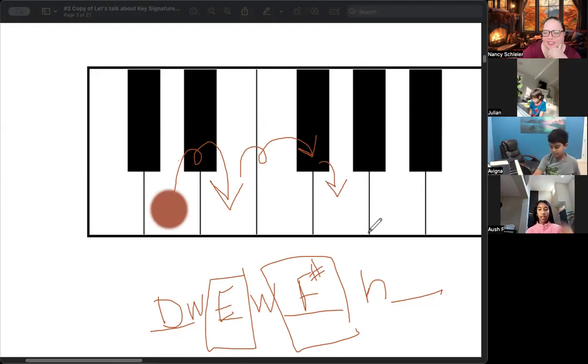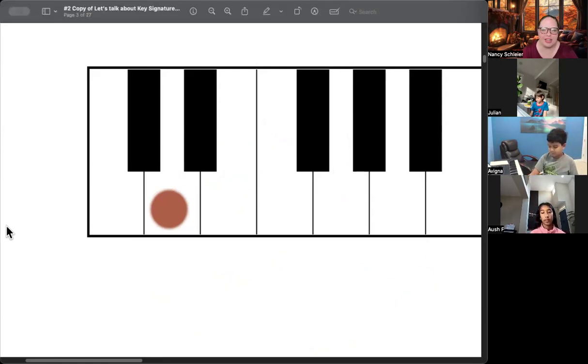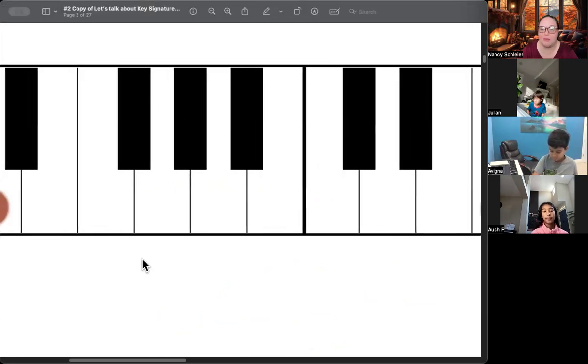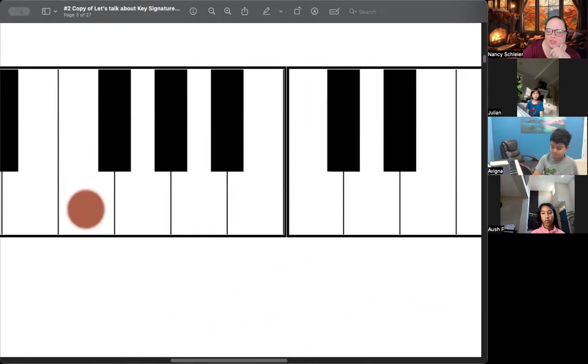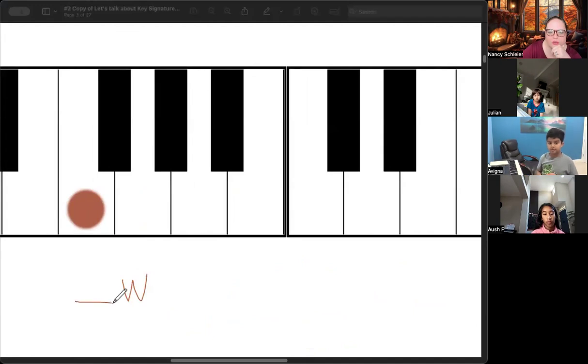All right, and then what is a half step up from F sharp? Keslin, what is it? G. G, very nice. Let's try to build this tetrachord. We have our starting note, whole, whole, half.